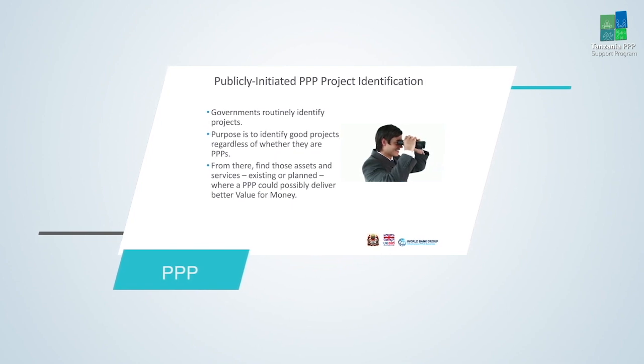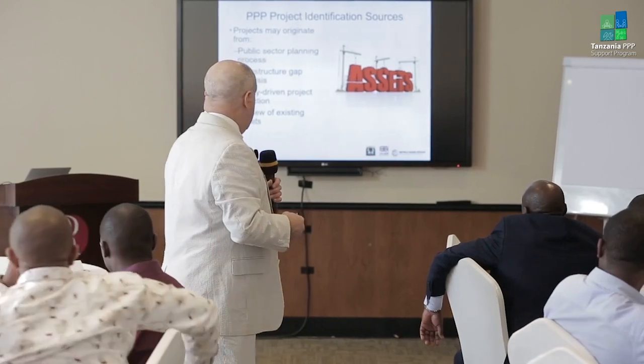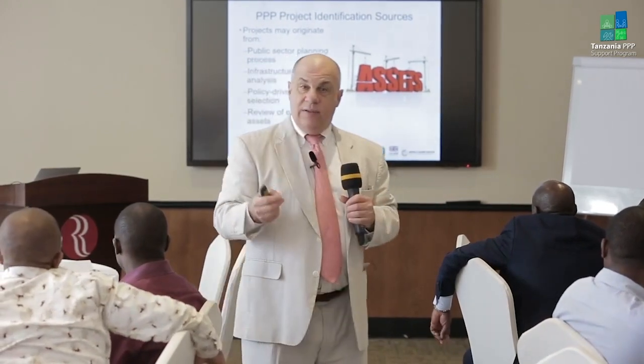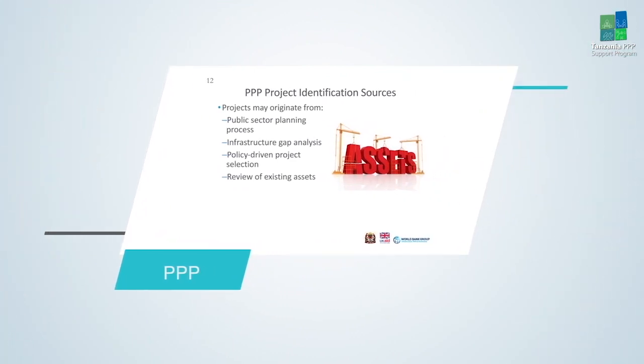So we have all these different sources, like the national development plans. Those are planning documents. You will see what we call infrastructure gap analyses. A lot of times, multilateral institutions such as the World Bank will perform these. There will be projects that your prime minister, your political leaders will push.